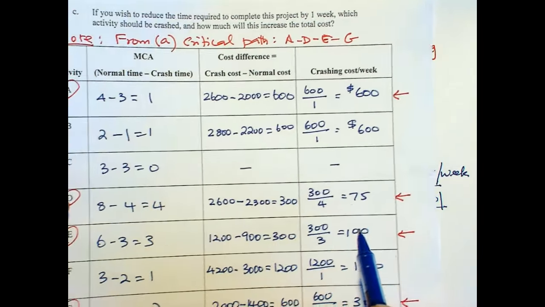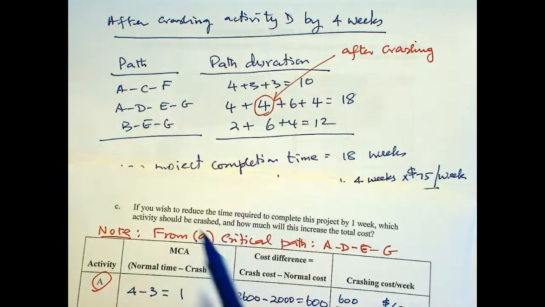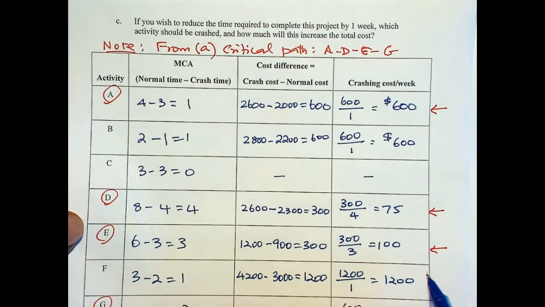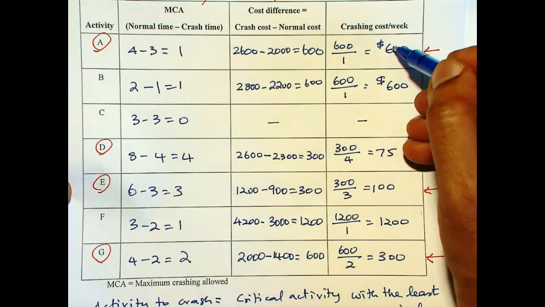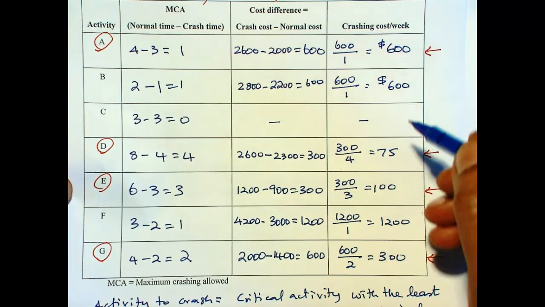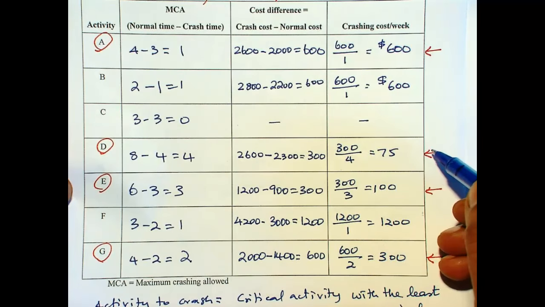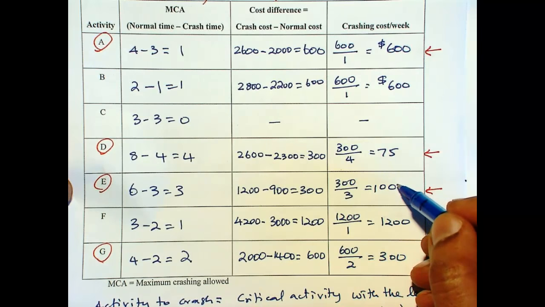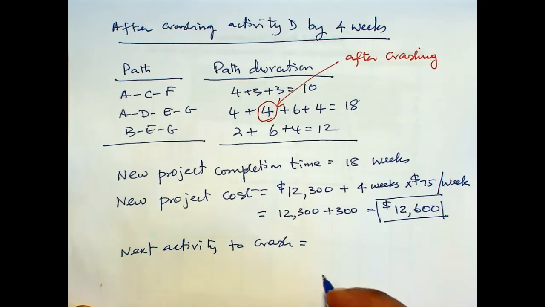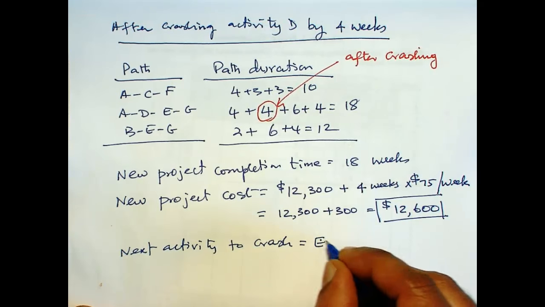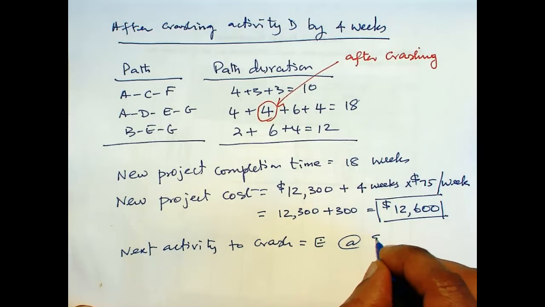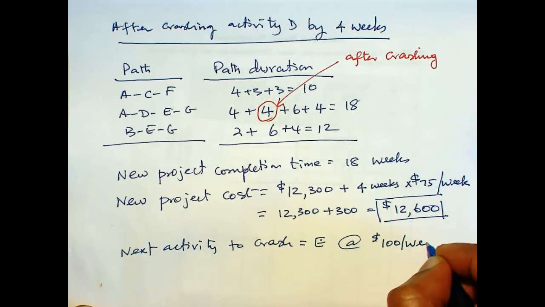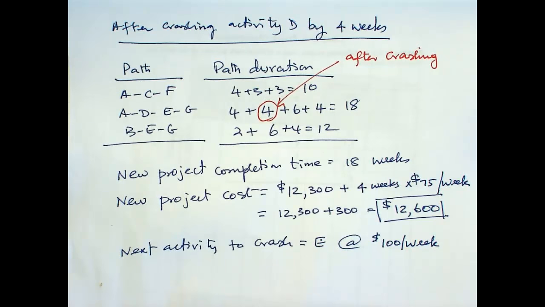Our critical path is still A, D, E, G. Now the choice is between A, E, and G. D is no longer available. So between A, E, and G, E has the smallest cost. So the next activity to crash is E at $100 per week. And we can keep going through this process until we run out of activities that can be crashed, or if we have reached the goal that we wanted to reach.